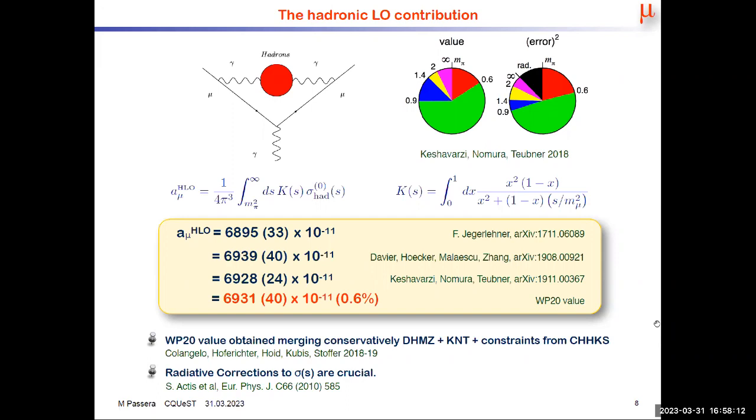The weight function goes down with 1/s. I see. So the numbers in the parentheses, are those all those theoretical uncertainties, essentially? Yes, the 40 takes into account all known uncertainties. I see.